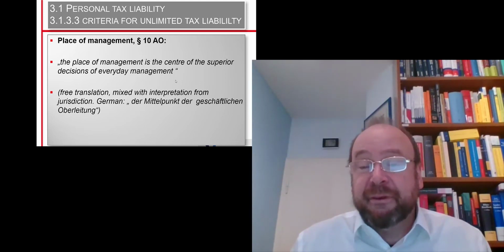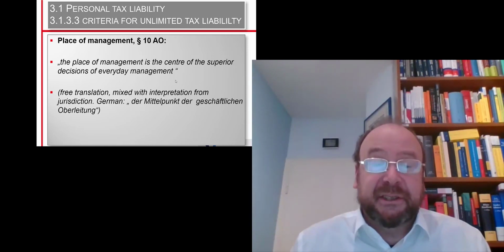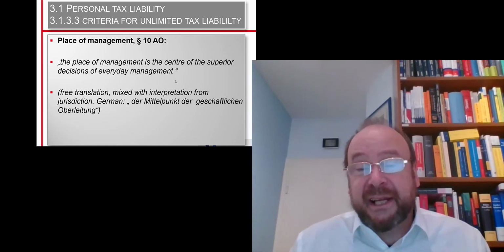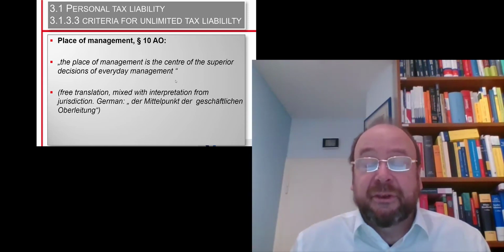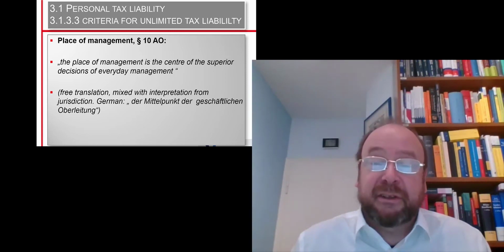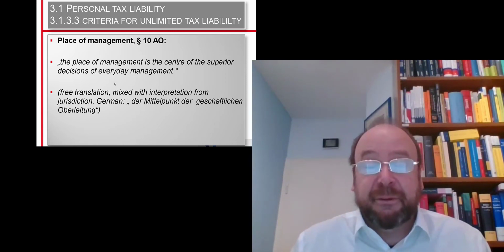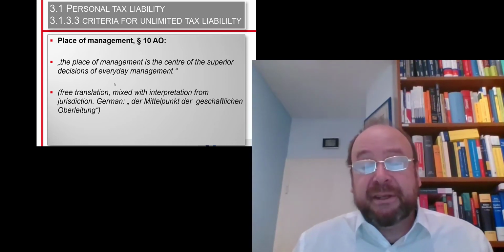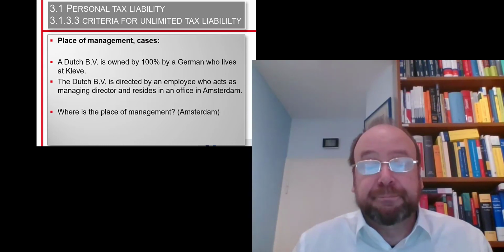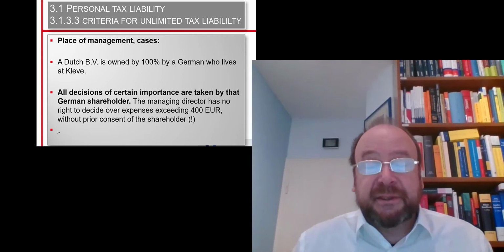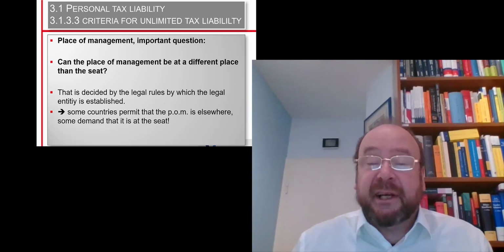For example, if the foreign manager of the foreign company was always obliged to give you a telephone call and ask for your decisions for the management strategy, then the major decisions of everyday management were taken not by the manager in the foreign country, but by you on the other end of the telephone line, and that would lead to a place of management in Germany and unlimited tax liability. I have here in the slides, which perhaps you have a look on at home, several examples.